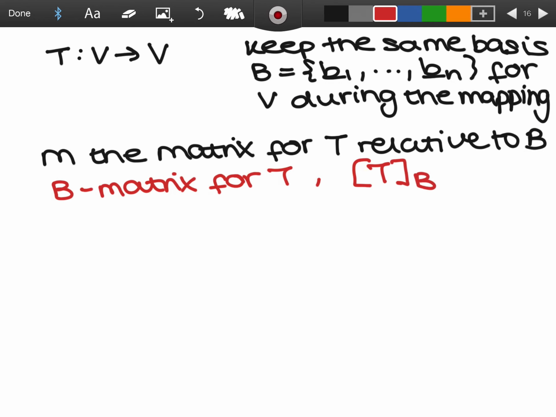But now, because we are keeping to the same vector space and the same basis, we're going to denote M by this, T with respect to B, the B matrix for T.